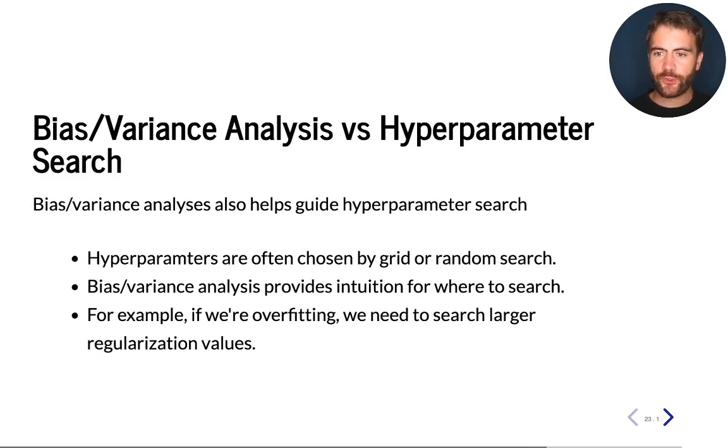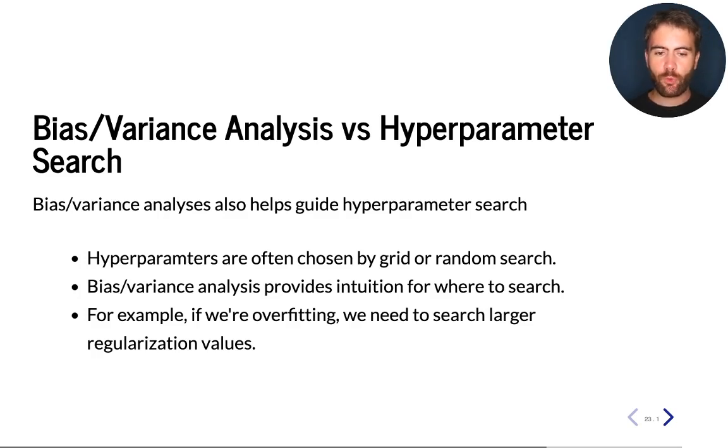And the other type of model tuning that we have discussed earlier is hyperparameter search. Hyperparameter search is also related to bias variance analysis in the sense that bias and variance can help guide our hyperparameter search. In general, hyperparameters are chosen either by grid search or random search, and through a bias variance analysis, we can determine which subsets of the hyperparameter space are worth exploring.